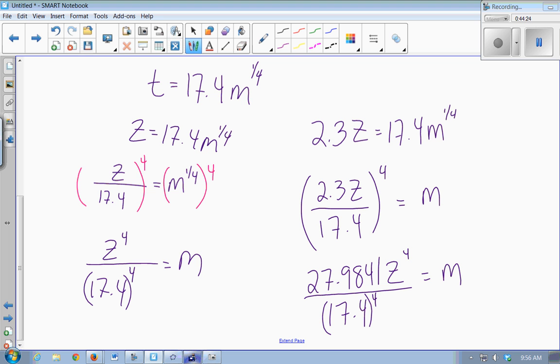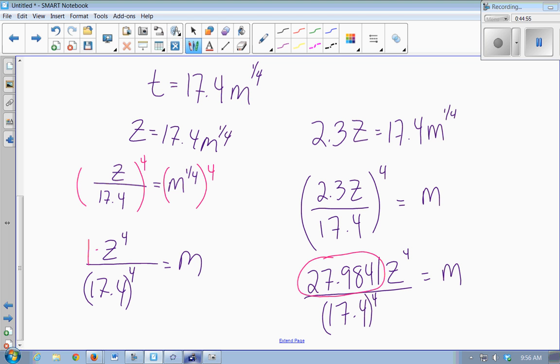All right, so for both of these, I solved for M in terms of Z. And these two expressions are almost exactly the same, except for this coefficient on the Z to the 4th. Right? For the mammal with the longer circulation time, its mass is bigger by a factor of 27.9841. The coefficient over here is just a 1.